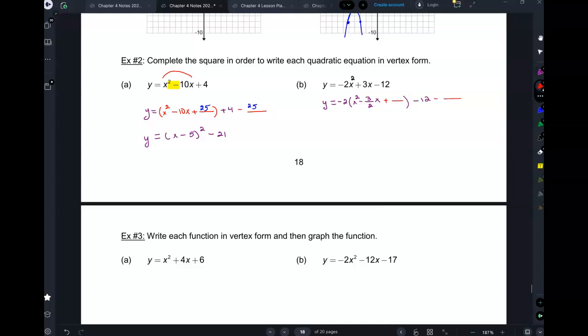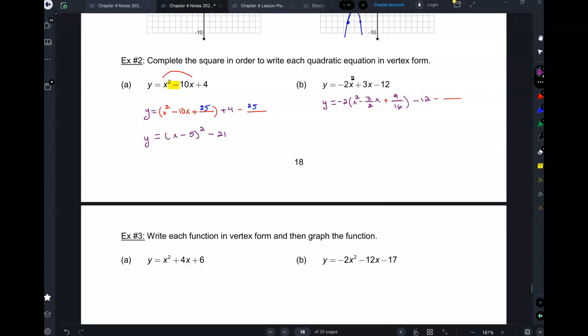Minus a number. Okay? Wait, why don't we divide the 12? Because you'll see right now we're going to compensate for that 2 in another way. Minus 12 minus 6. So, what goes in that space over there? Positive 9 over 16, because you square it.